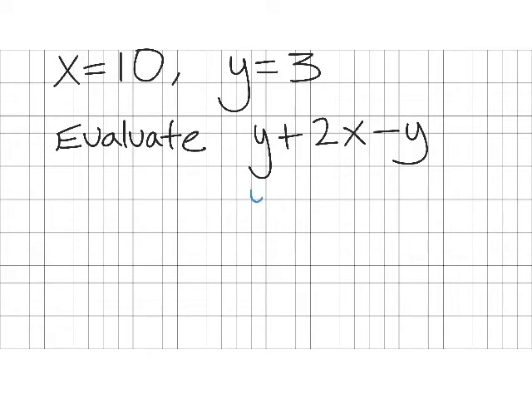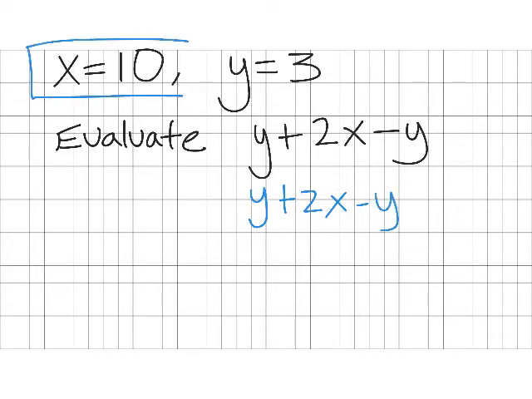All right, so I'm going to just copy this down, y plus 2x minus y. So remember, we're evaluating x equals 10. So that means I'm basically going to take out the x and put a 10 in its place. And I don't want 210. That wouldn't make sense. I want 2 times 10.